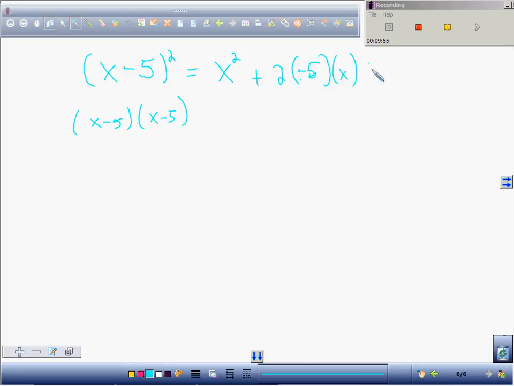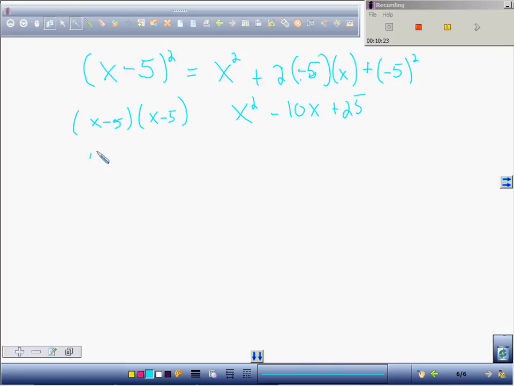It's not negative 25 because it's negative 5 squared, which is 25. So when I simplify this, I get x squared minus 10x plus 25. Okay? So when you have a minus sign, the only thing that changes is this becomes negative, but both this and this are positive.